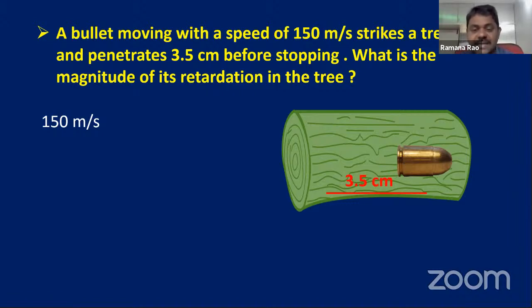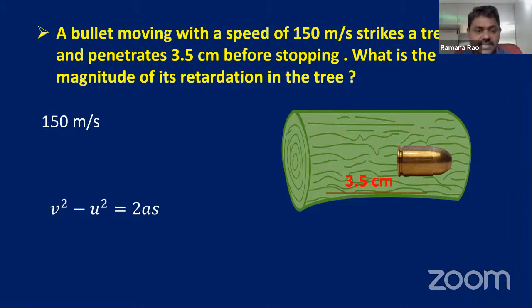So we have to select the relation which has velocity and displacement, that is v square minus u square is equal to 2as. So we have to use this equation. Many students get confused about which equation to use for the given problem. So first you write the data.